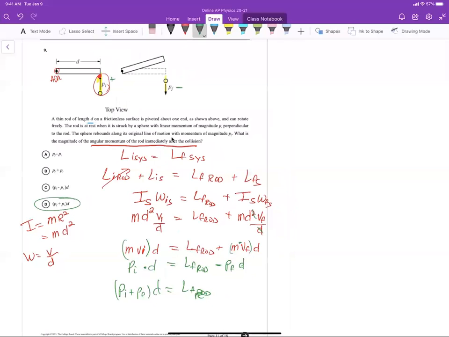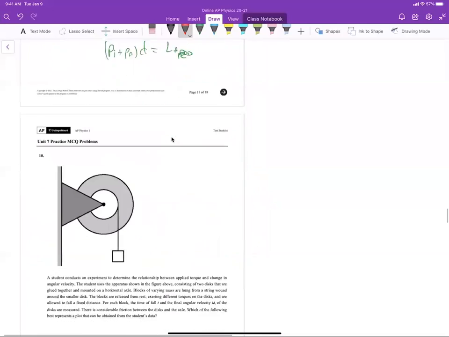I guess the couple of takeaways: a point particle, even though it's traveled linearly, does have an angular momentum. That's the first thing. The other thing is that it's simply its linear momentum times the distance away from the axis of rotation.